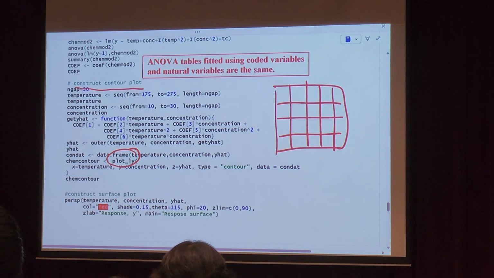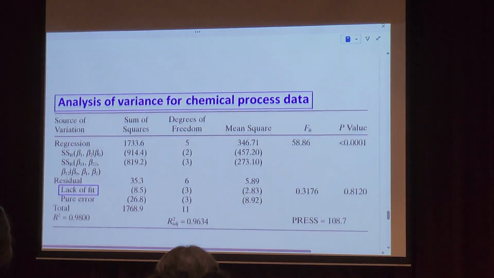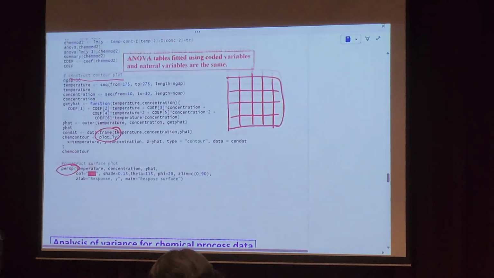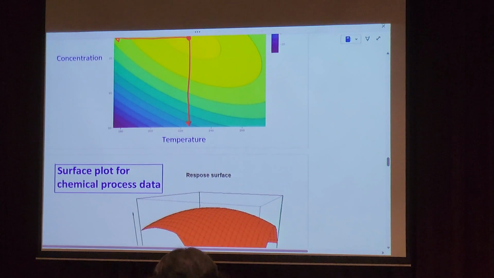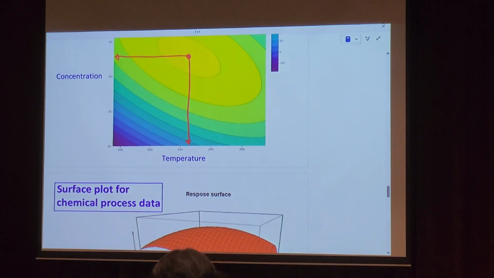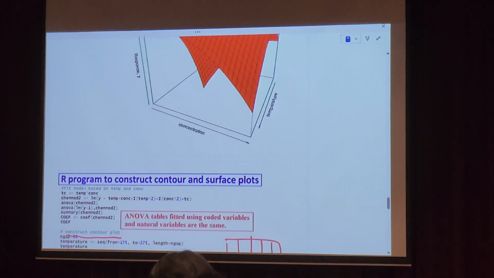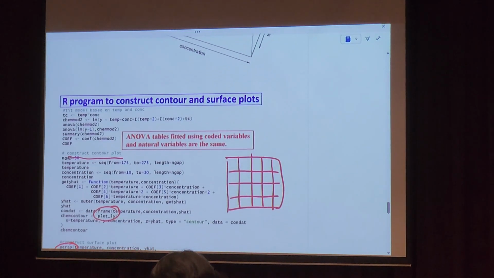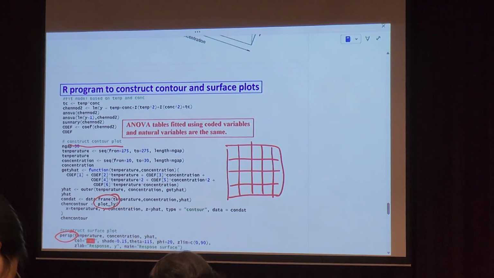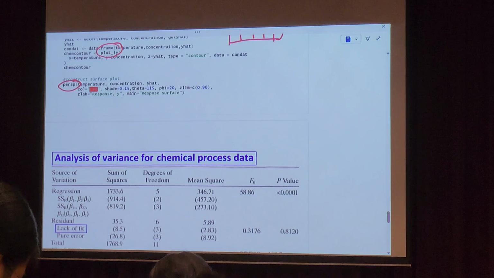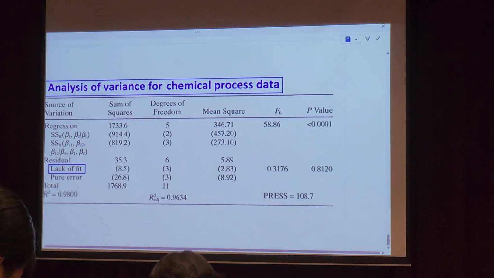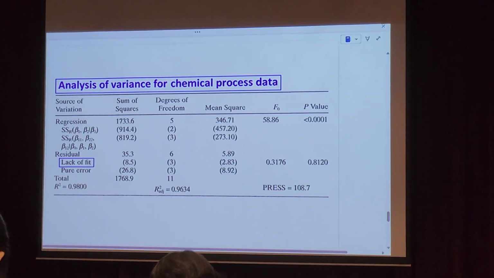Or you can do a surface plot using this function here. Okay? So that's how you can get these two plots. So again, R, thanks to some researcher who gave us these two functions, we can now do response surface quite easily.